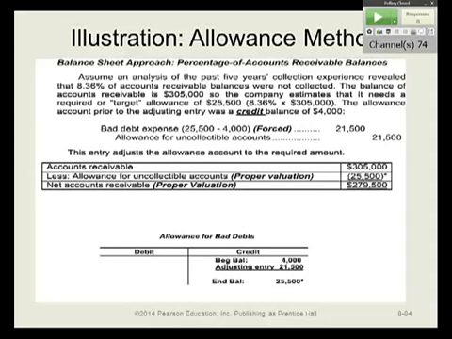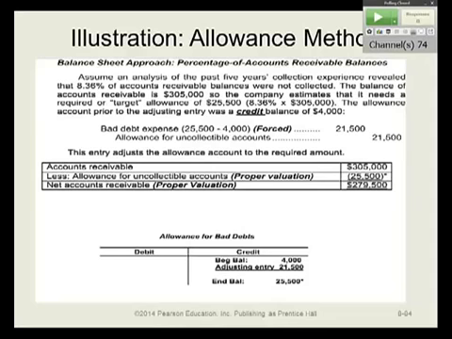When you write it off against the receivable, the receivable balance is now 280.